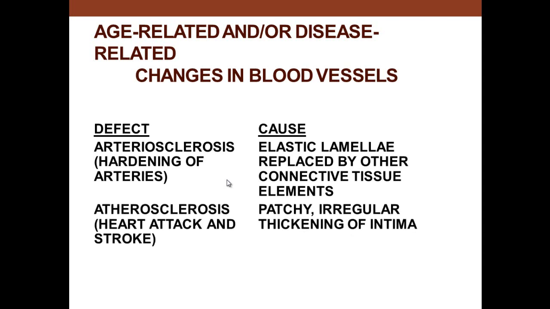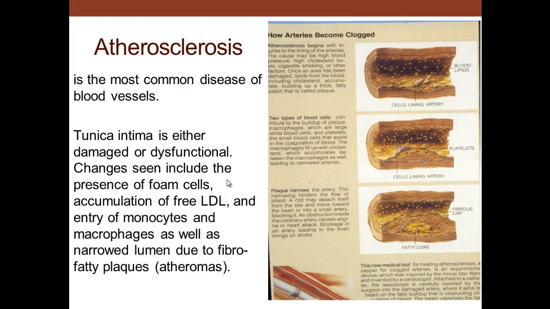Atherosclerosis is a patchy, irregular thickening of the intima, and that's what we just talked about with the surgery to prevent heart attack and stroke. So atherosclerosis is a common disease.